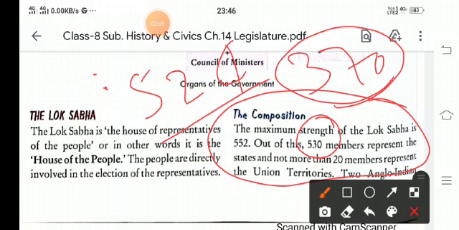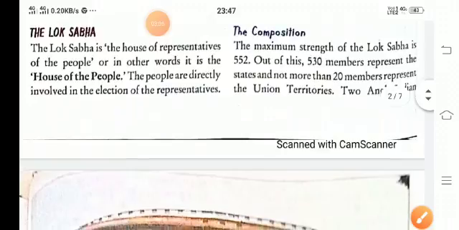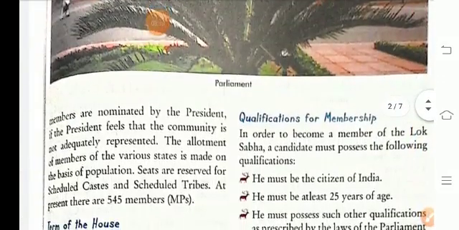So we will now have 524 elected members, and the rest 26 are from Union Territories of India, and there are two more who are the Anglo-Indians. They are appointed by the President.